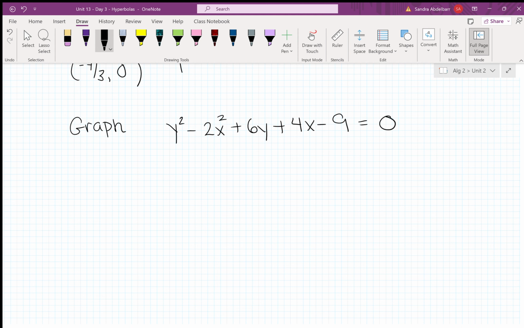There you go. So why is this one more difficult? What do you have to do? You have to put it in the standard form of a hyperbola, and then graph. How do you put it in that standard form? Complete the square. And it must equal what number? 1. It must equal 1, and you want to complete the square.